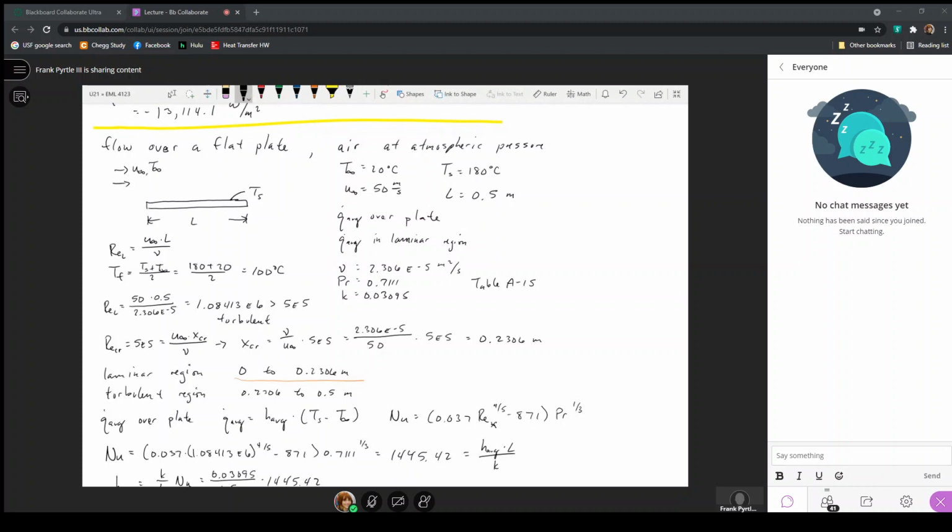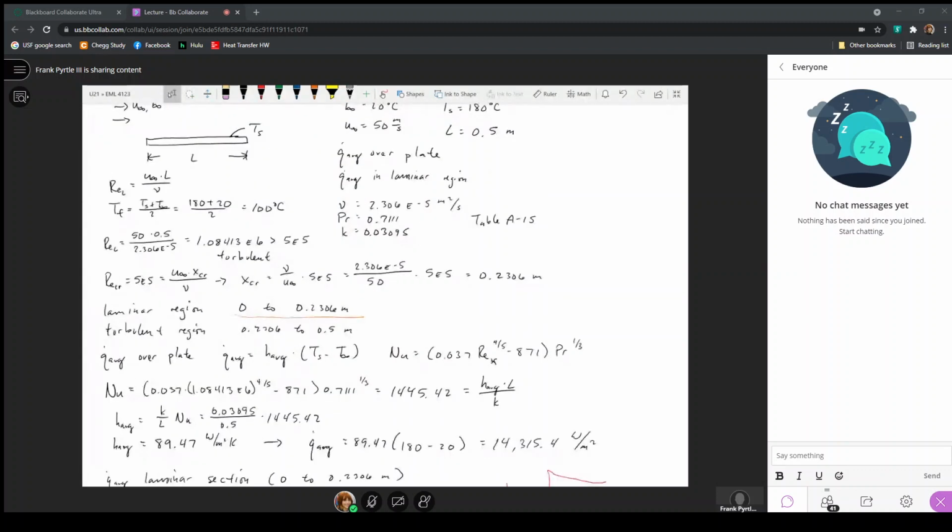But we have a single correlation that we can use when we know that there's a laminar and a turbulent region, and that is the one that we referred to here, which is a Nusselt number of 0.037 Reynolds to the 4/5 minus 871, that quantity multiplied by the Prandtl number to the 1/3 power, so that the average heat transfer coefficient over the plate that had a laminar and turbulent region is taken into account. The average heat flux over the entire plate would just be that average heat transfer coefficient times the temperature difference between the fluid and the plate.